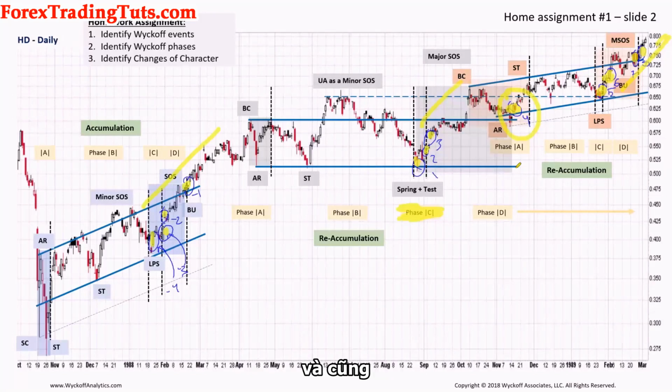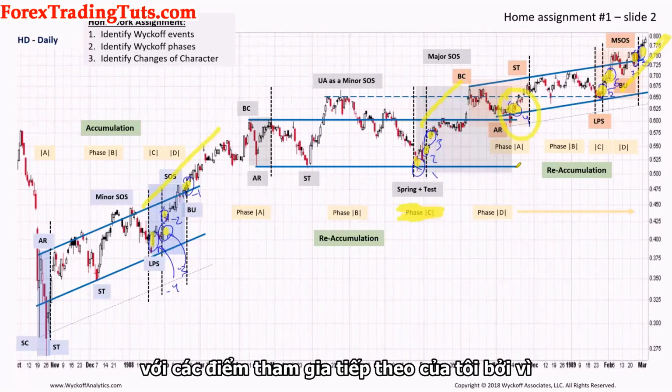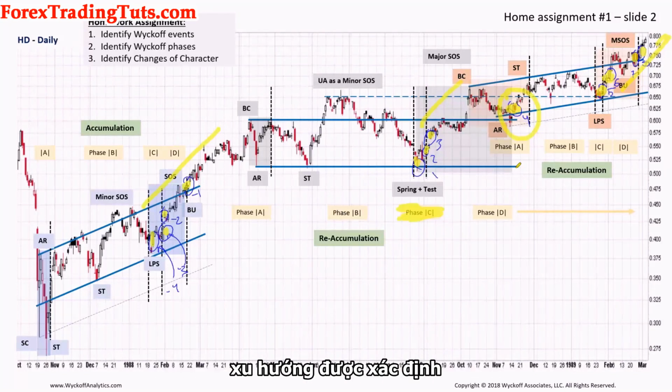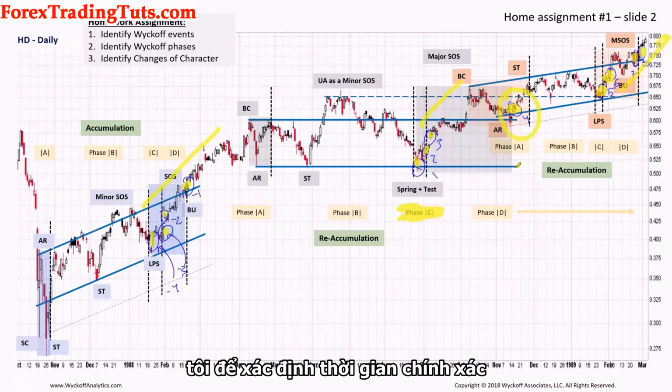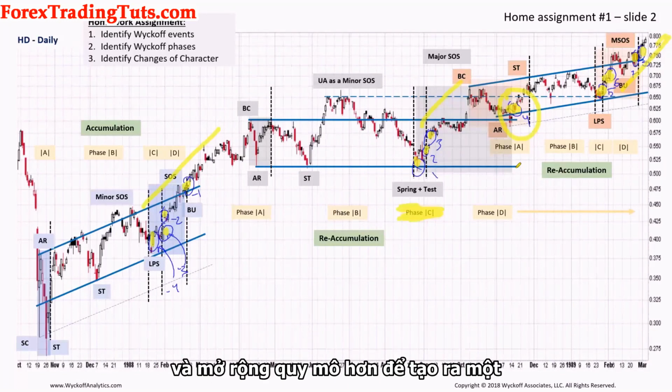And also, when I'm in the correct position as a long-term campaign position, I want to be aggressive with my next points of entry, because the trend is defined. And now I just know that it's all up to me to define the correct timing on the next stepping stone, the pre-accumulation range, and to define the correct entry, and to scale in more, to create a substantial position.